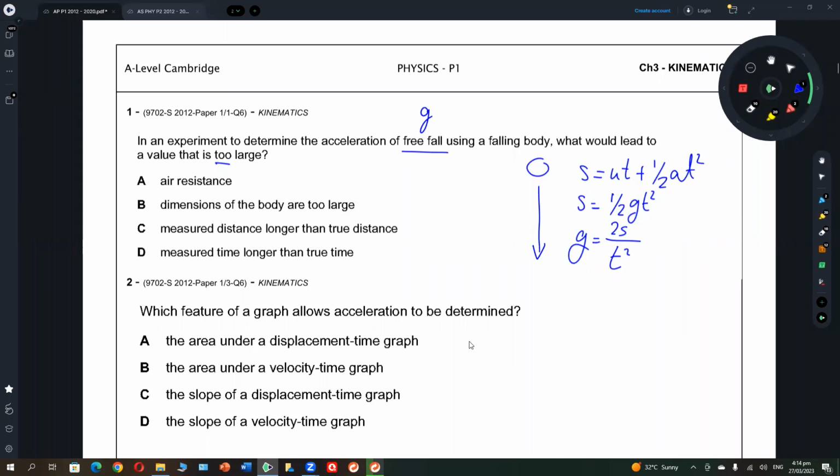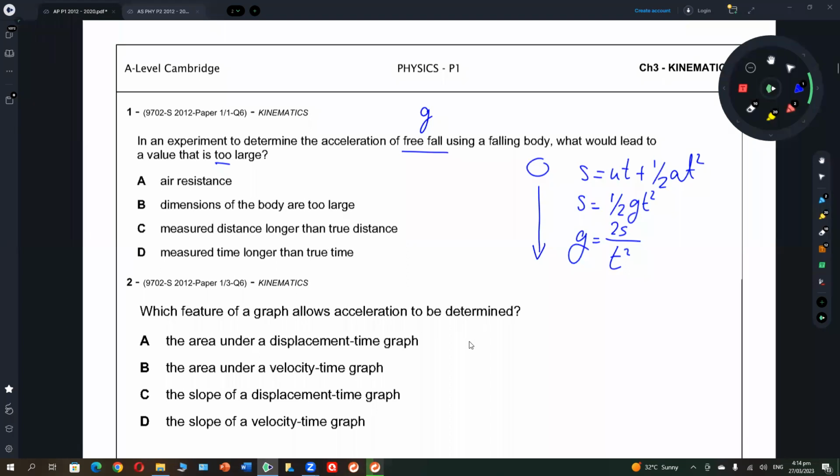In an experiment to determine the acceleration of free fall. Now, one by one, air resistance. He wants too large. Too large means that value becomes bigger. So if I consider air resistance, the ball will come a bit slower. It will take more time.